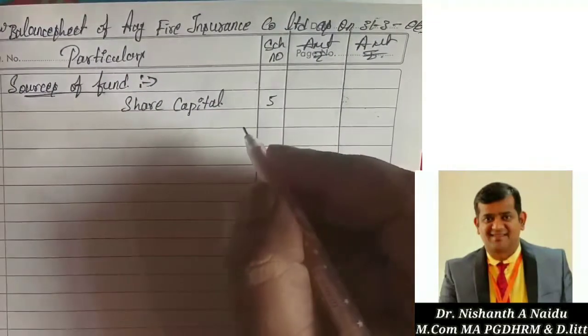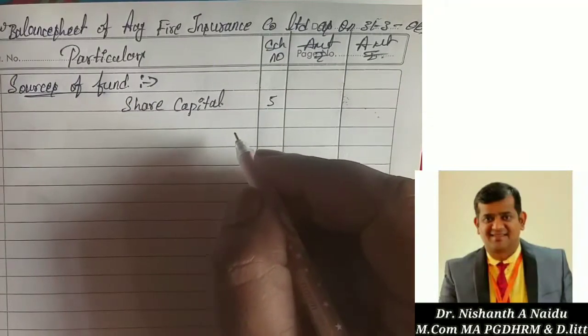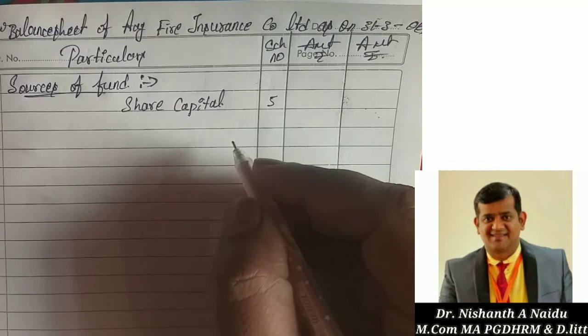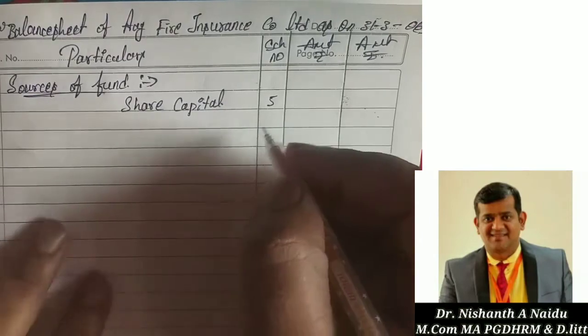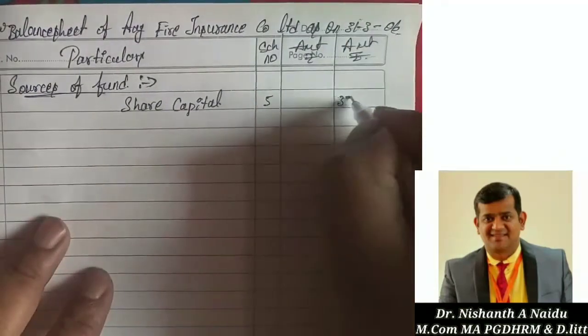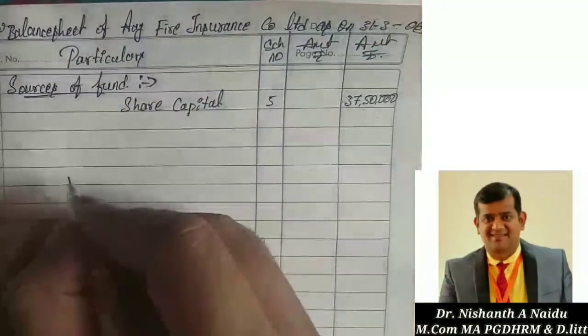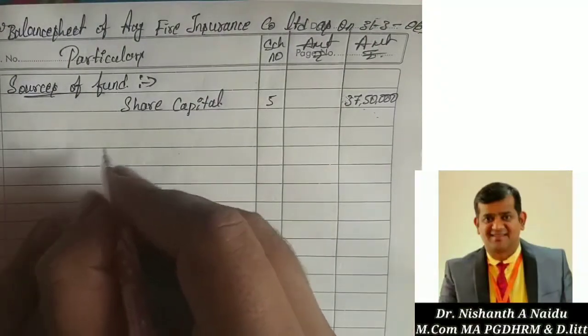Check how much share capital he has given in the problem. That is on the debit side of the table, third item from last, equity share capital 37,50,000 rupees.